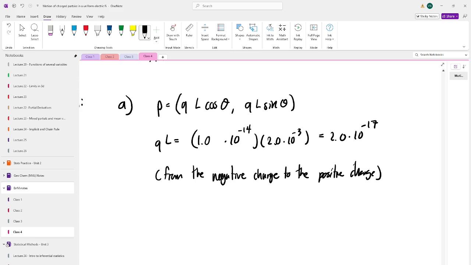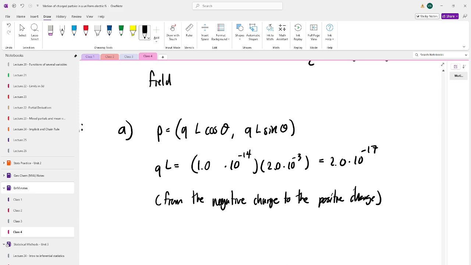And of course, because we're at theta equals 90, this is going to give me 1, and this here is going to give me 0, right? So this is only happening in the y direction.